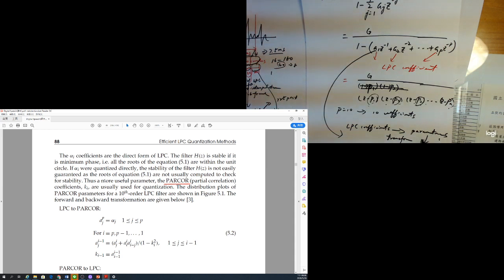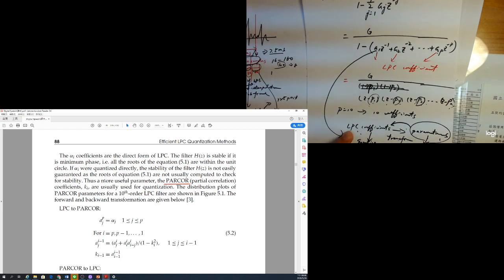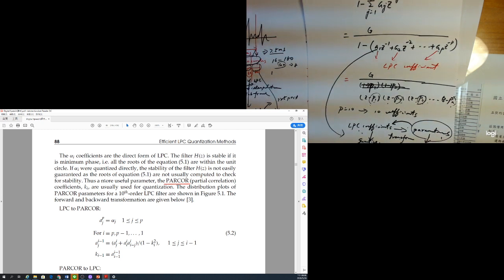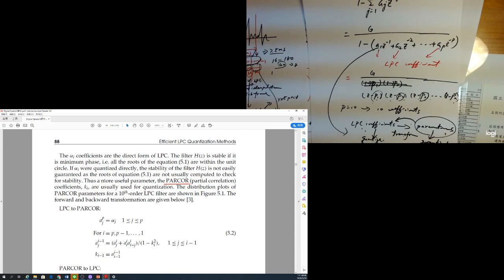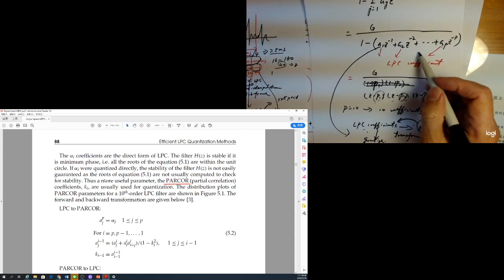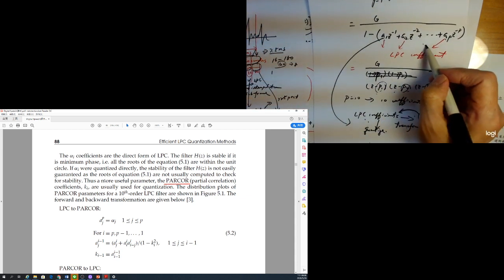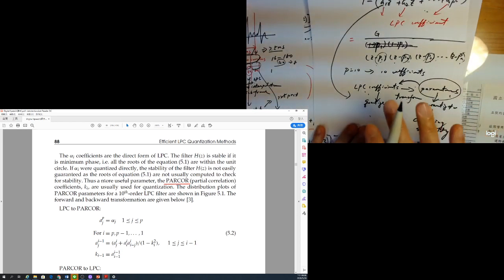If not, we have to check using a different quantized value to represent the parameter. Once we get a quantized parameter, we can inverse transform to LPC coefficients. Right now, if we quantize LPC directly, after you get a quantized LPC coefficient you don't know whether the original transfer function is stable or not. So now we do it the other way.